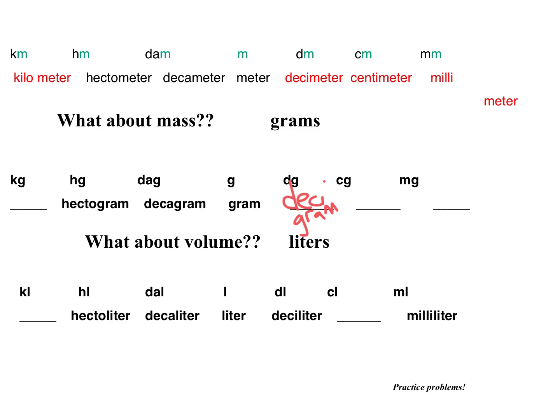You have centigram. We just are replacing the M's with G's, and then we're moving our whole chart from length to mass by substituting with G's. So we have centigram, we have milligram. Complete your chart on your worksheet so you have all the prefixes. And then for liters, same thing. The one that's missing here is the centiliter.